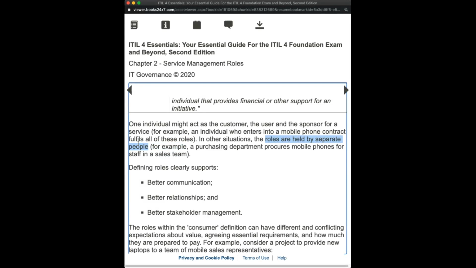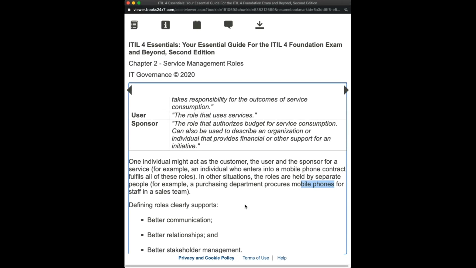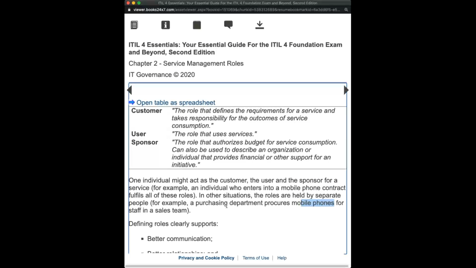And then again, the roles can be separate. For example, there's a purchasing department who procures or buys mobile phones for staff in a sales team, right? Because when you work in the company and let's say they provide you the mobile phone, you don't directly purchase it, right? There's someone who is responsible for that.